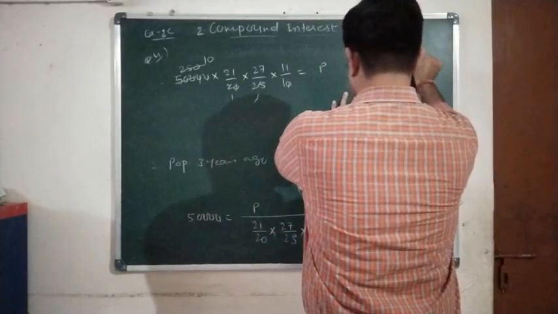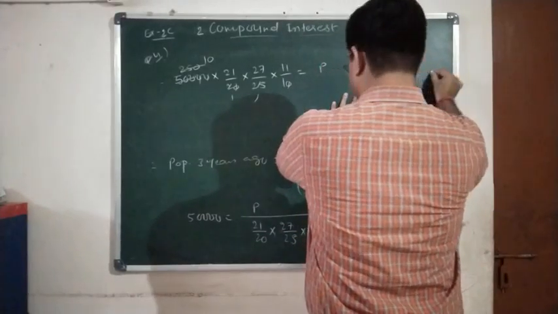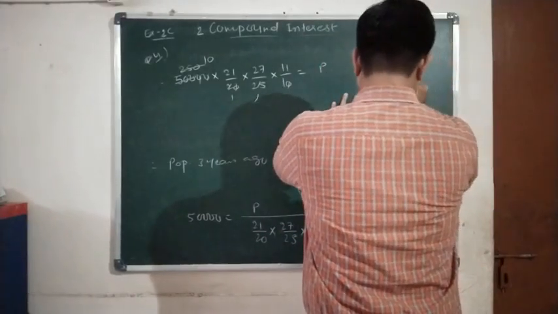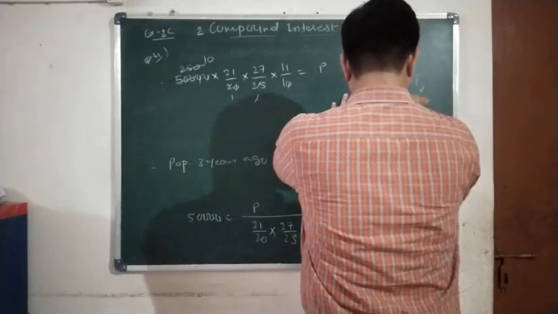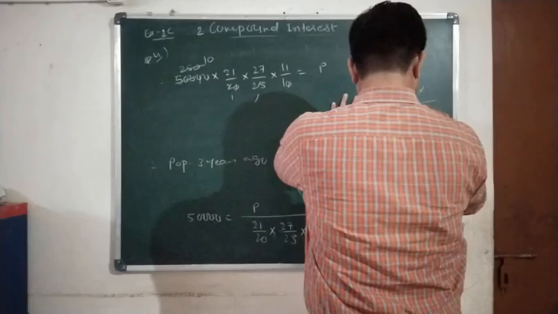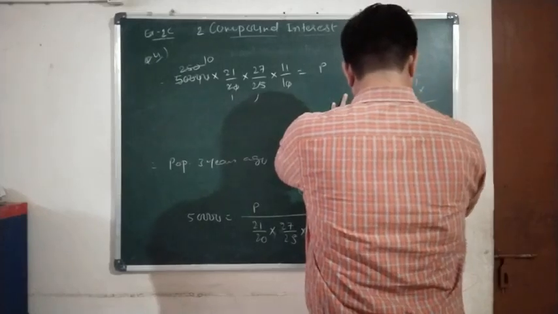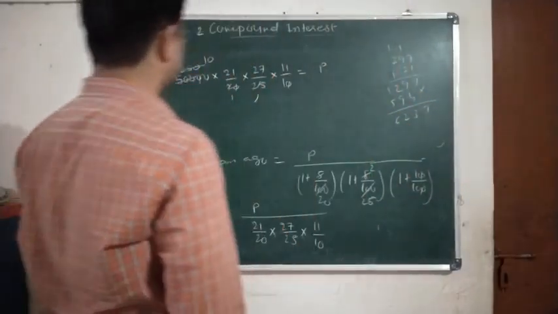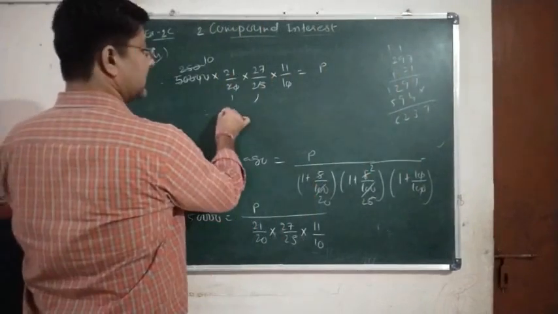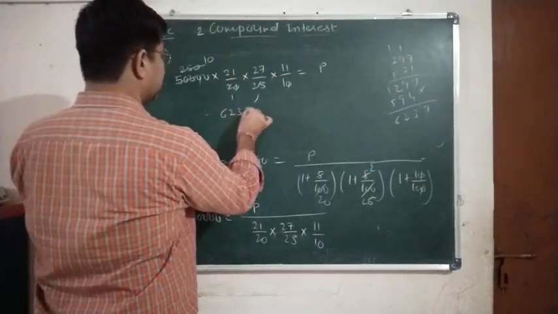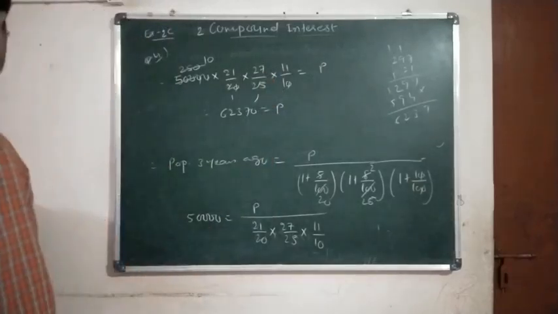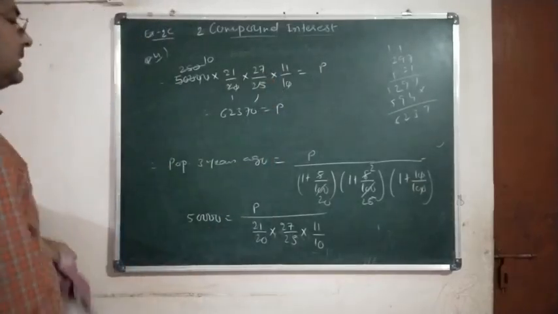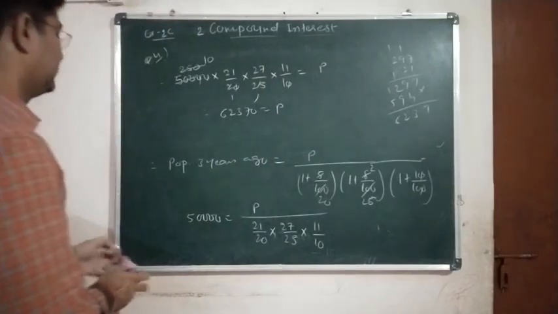So 297 into 21, let me do. Okay, so we'll get 6237 and 10. Therefore 62370, that is 62,370 will be the present population.